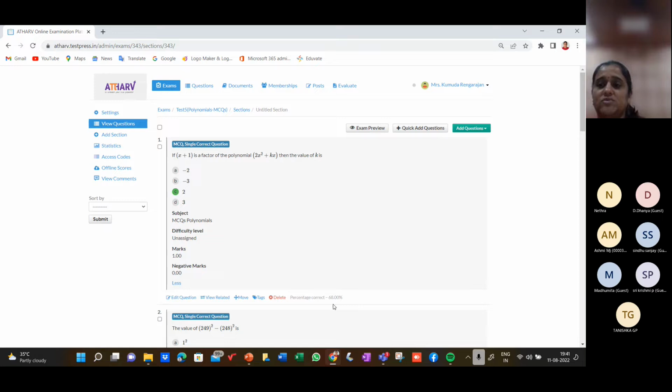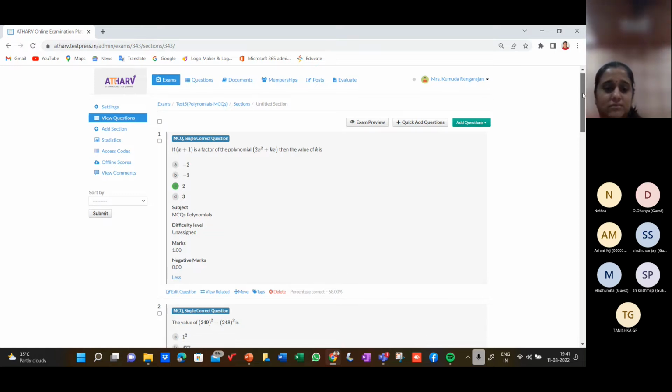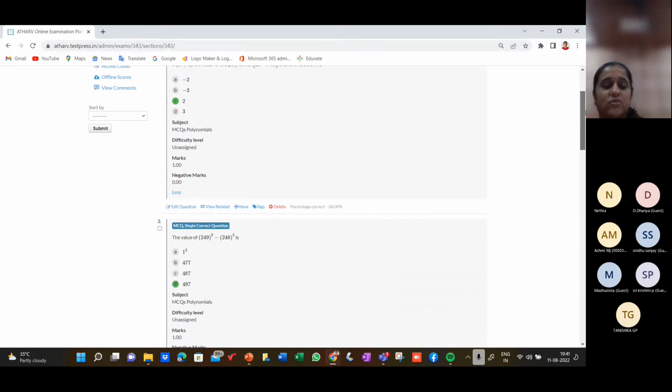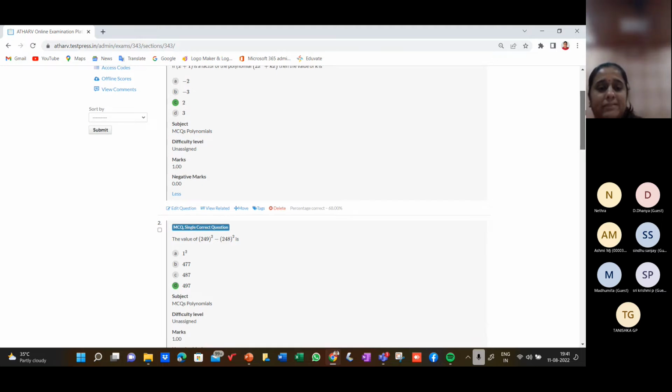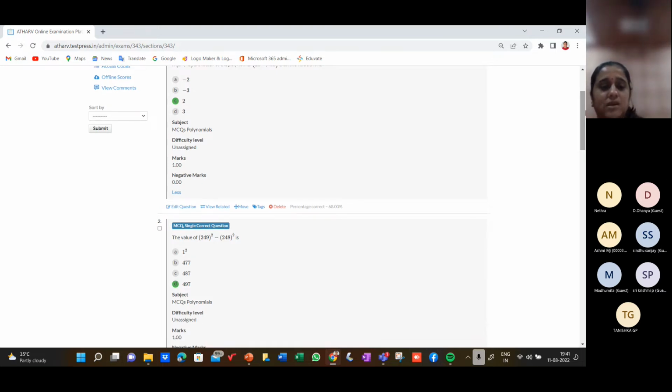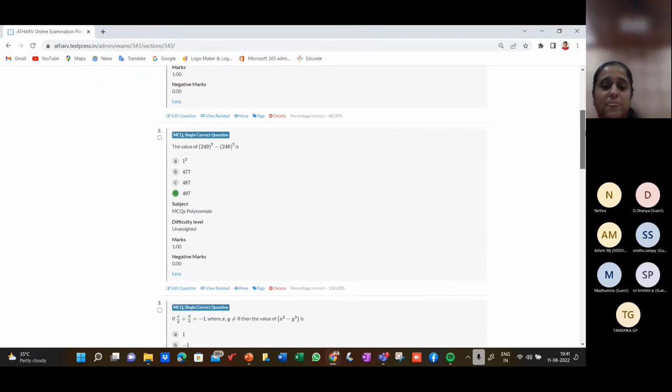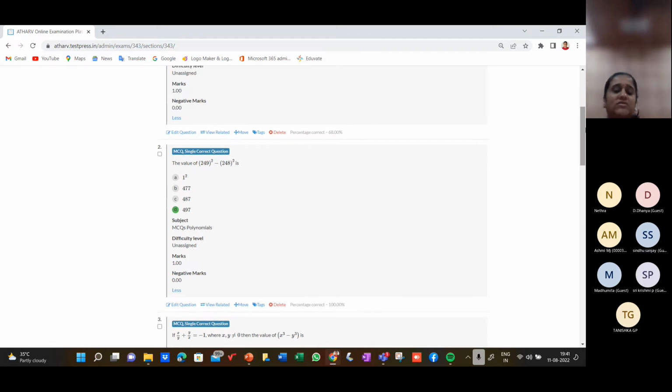But let's see the options. What are the options given? Yeah, you have the option 497. So you should work it using the formula a square minus b square is equal to a plus b into a minus b. Yeah, do this. Can you see the third one? I'm not showing you the options. If x by y plus y by x is equal to minus 1, then x cubed minus y cubed is.